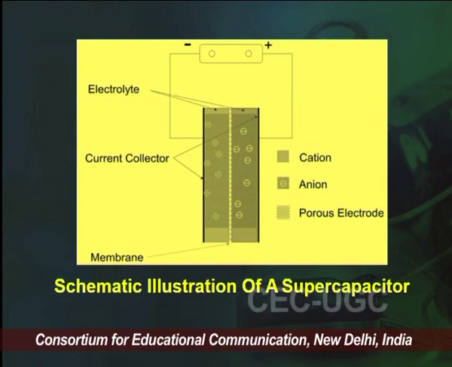Now, if we talk about the history of the supercapacitor, it starts from 1950, when General Electric engineers began experimenting with porous carbon electrodes in the design of the capacitor. Previously, porous carbon electrodes were used in the design of fuel cells and rechargeable batteries.